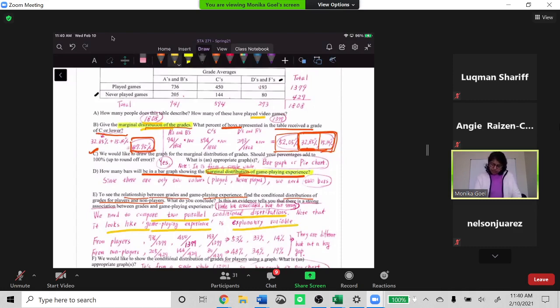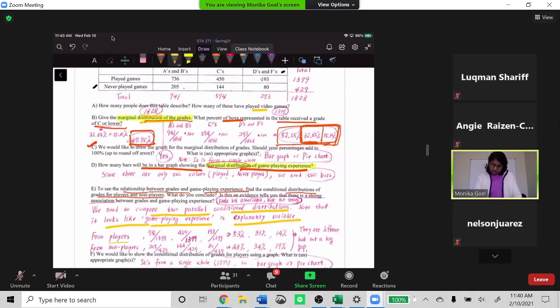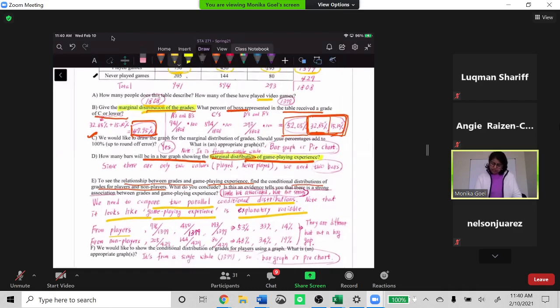So if we are looking at players, how many got A's and B's? 736. How many were there? There were 1,379 players. So I can find 736 out of 1379 scored A's and B's. Same thing, C's, and same thing, D's and F's. And then you can find their percentage.